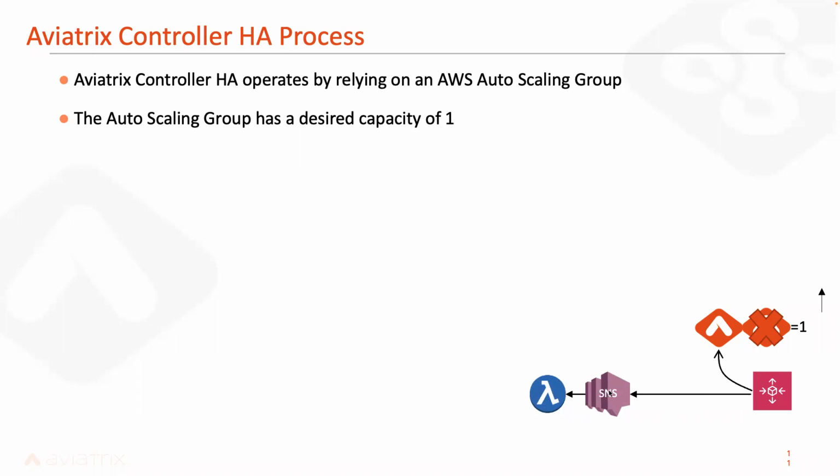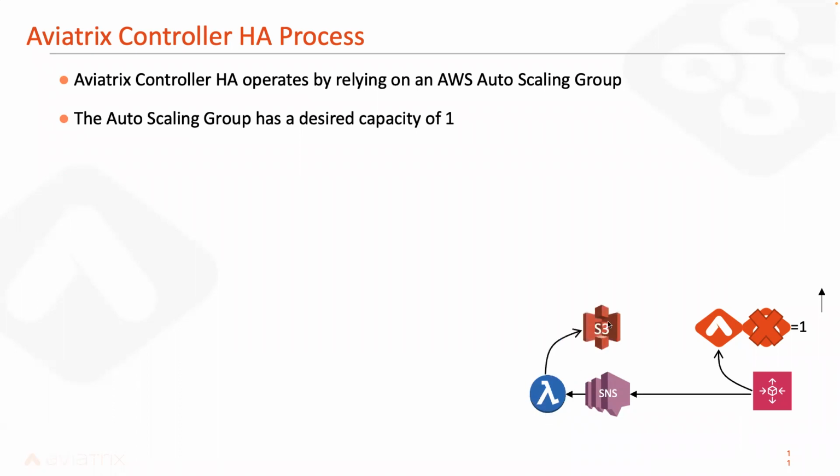So we leverage SNS, which is a notification service that triggers a Lambda. A Lambda is nothing but a function as a service. You can look at it like it's a place whereby you can run code without managing servers. It's serverless. So the objective of using the Lambda is to run a code.